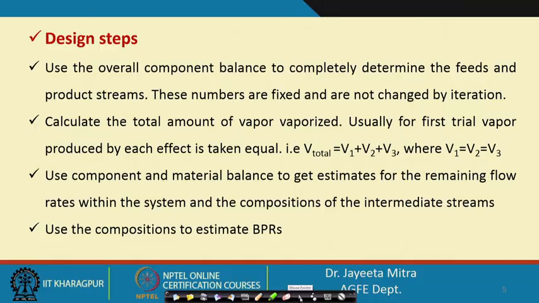However small the value may be, because that will help you in designing a system where there actually exists a significant amount of boiling point elevation, right.